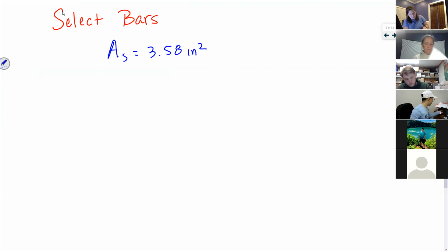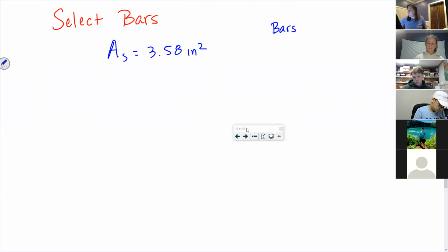So you go look at, you can do this different ways. You can say, if I have 2 bars, what size they need to be, if I have 3 bars, or you could make a little table of bars and their area of steel for 1 bar and number of bars if I use them.